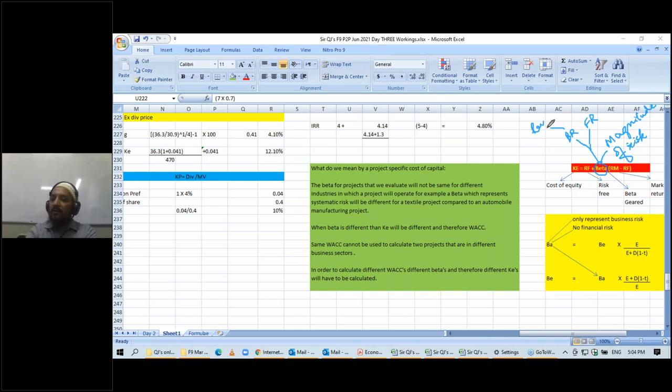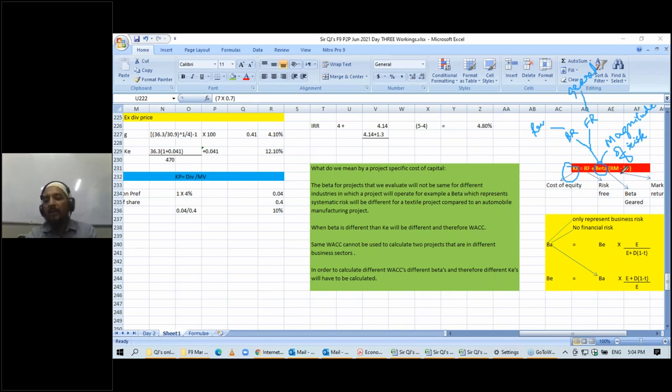The more the revenue fluctuates, the more the business risk. And the more loans there are, the more the company is geared, and there will be more financial risk. So the beta will be very high over here. High risk means a high return. So if there is a bigger beta, the cost of equity will be higher, right?